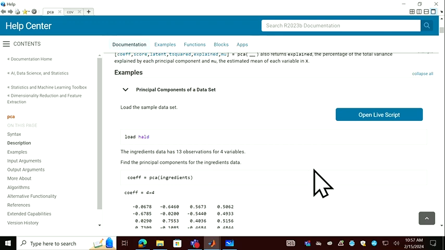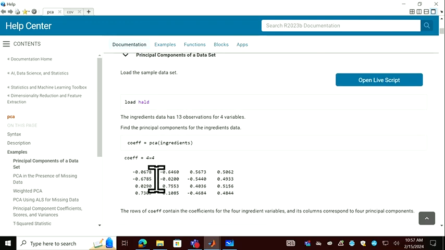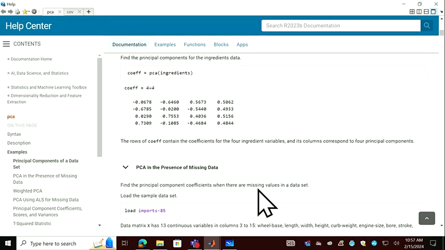So in this example, the ingredients 4 by 4 matrix, it should be the same as our results.